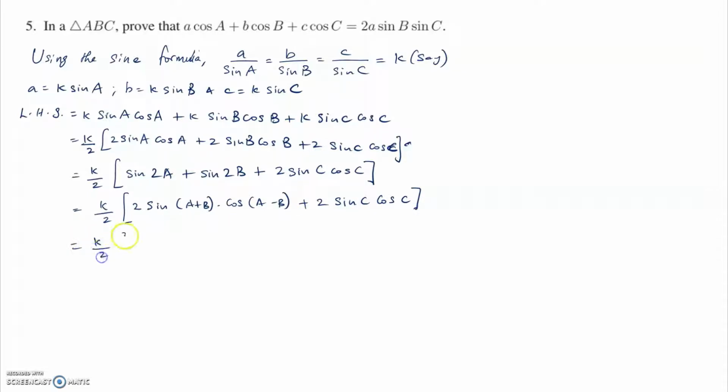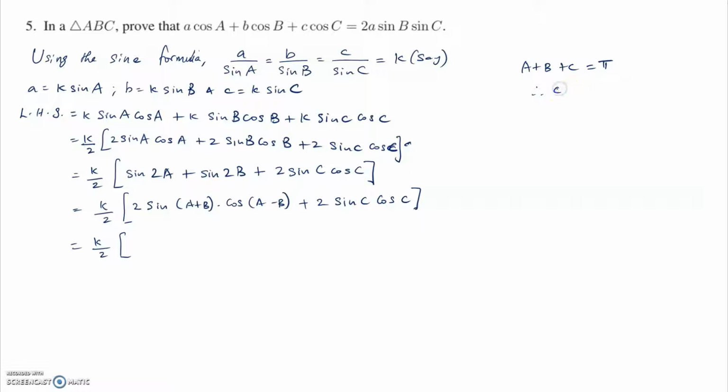Further, keeping the k by 2, now sin A plus B can be written as sin pi minus C, because A plus B plus C will be equal to pi, which is 180 degrees.